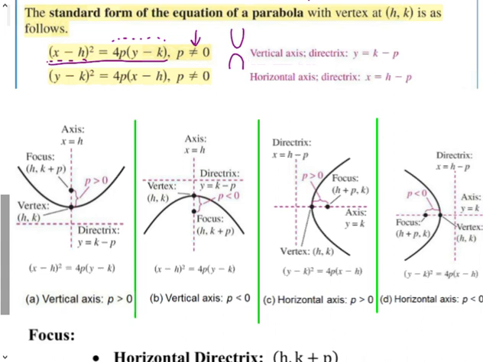And so p is going to be that coefficient that decides if we're opening up or down. Now again, if we find our center here, that's our vertex, our h, k. We have a number outside the y minus k, then we're going to divide by 4, and that will be how much we move from the vertex to get to our focus.